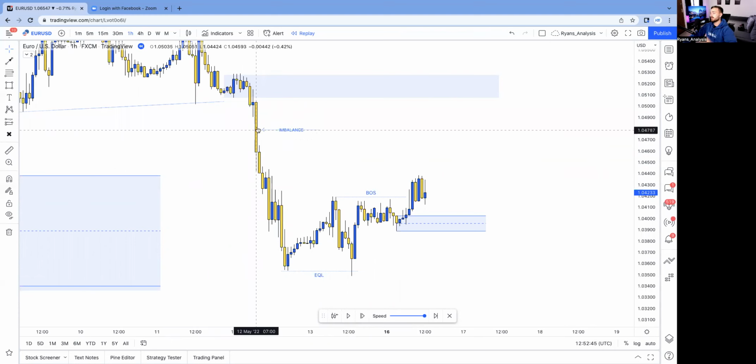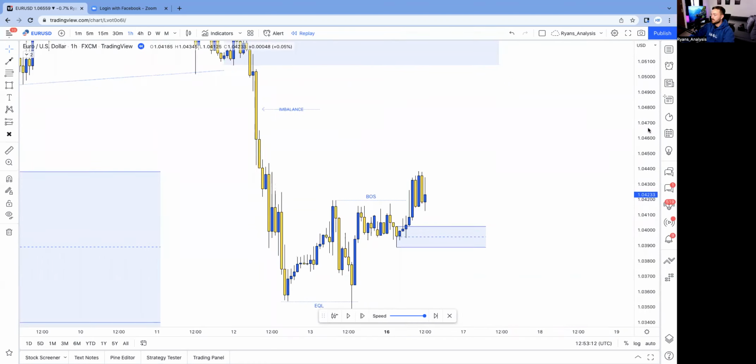So in this 1 hour candle, it was just straight sellers in the market. And as you know, in the market there needs to be an equilibrium of buyers and sellers at the same time for money to flow. So we don't know for a fact, but there's a high probability that price is going to want to come back up here, fill this imbalance, and then potentially reverse or keep on going. So this fuels the market as an area to target.